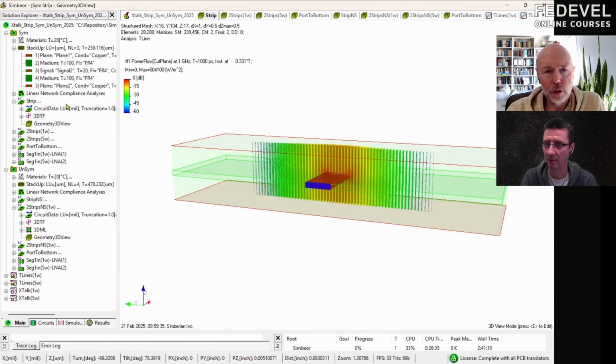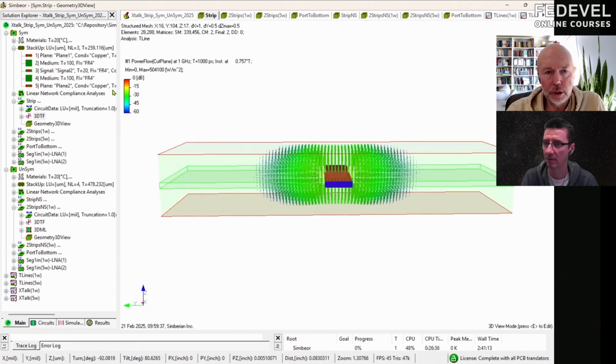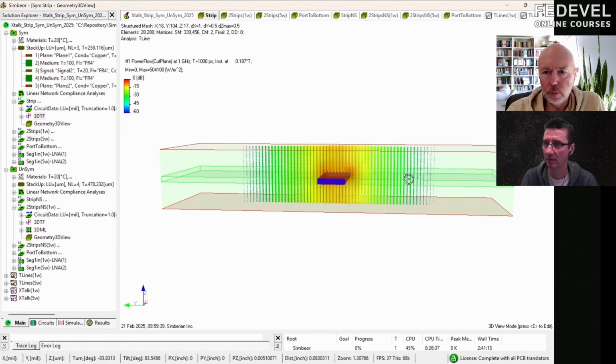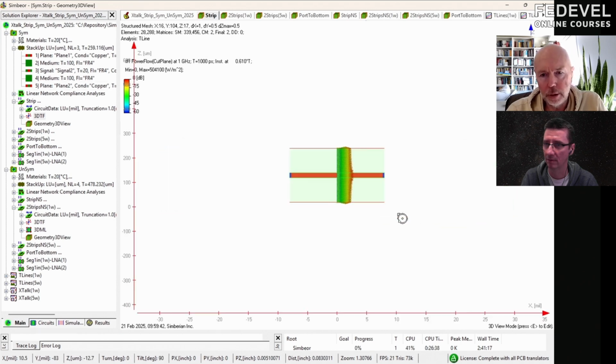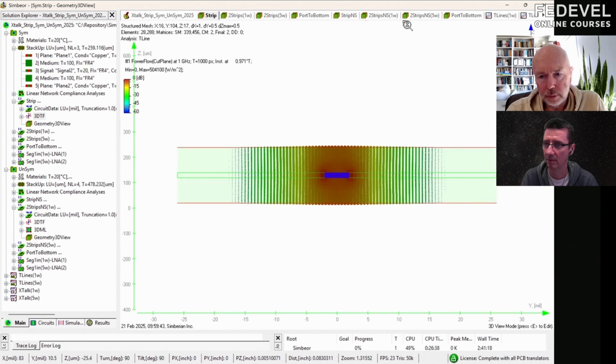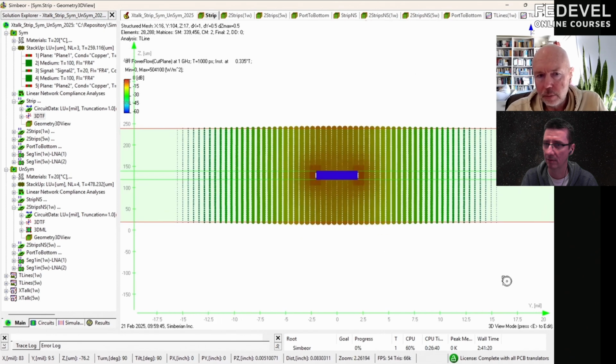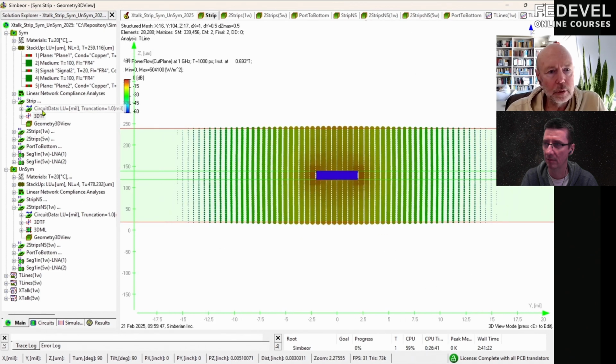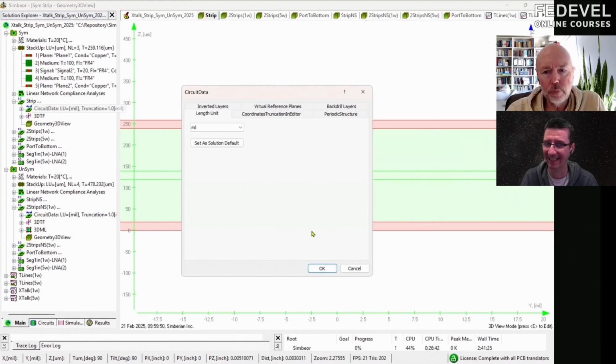And right here, down to minus 60 dB, you don't see anything around. Right here it's in mils, and we can switch to millimeters.